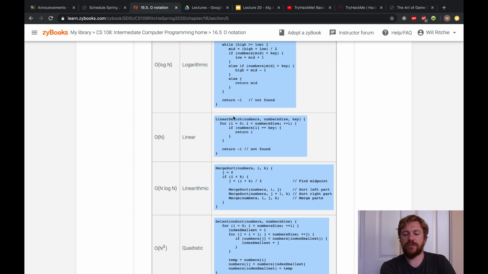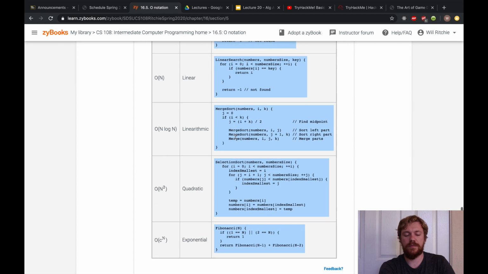Linear search has a growth rate, or runtime complexity, of big O of n. And what we notice here is the for loop. This for loop is a large indicator of a big O of n complexity. So basically, we loop the size of numbers number of times, and then inside of it we complete a constant time operation. So this is linear.